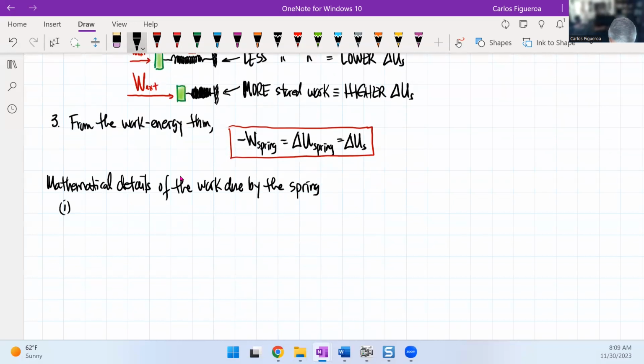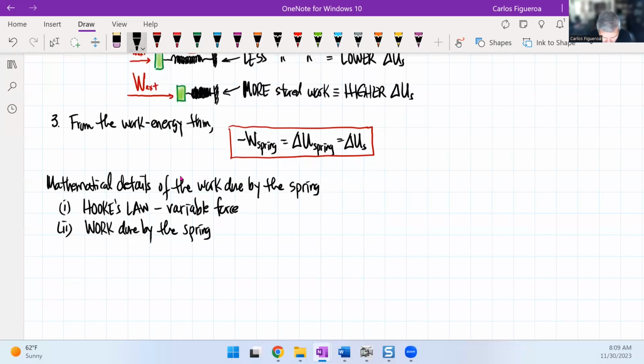Last time we talked about Hooke's law. And Hooke's law, we showed here that it was a variable force. And we'll look at that. And then the second thing that we have to do here is that we need to calculate the work done by the spring.